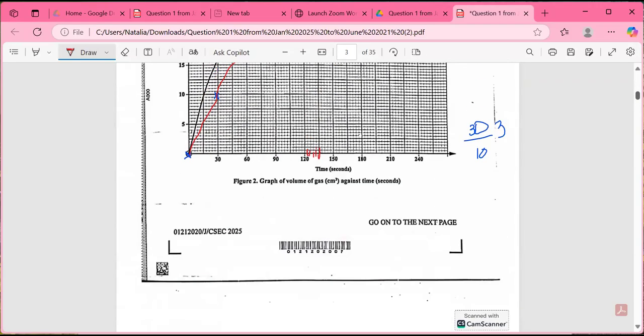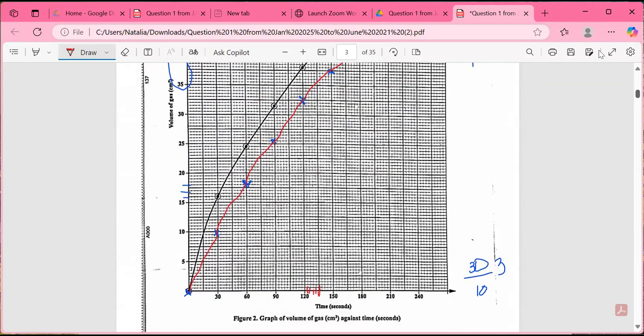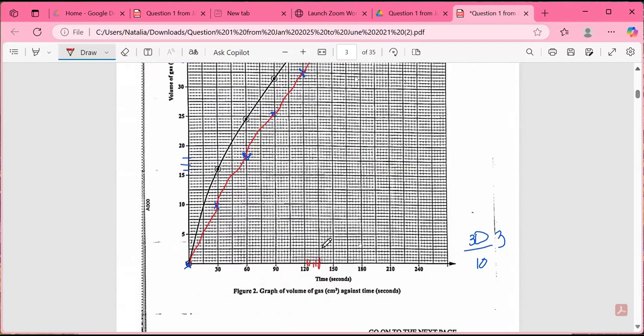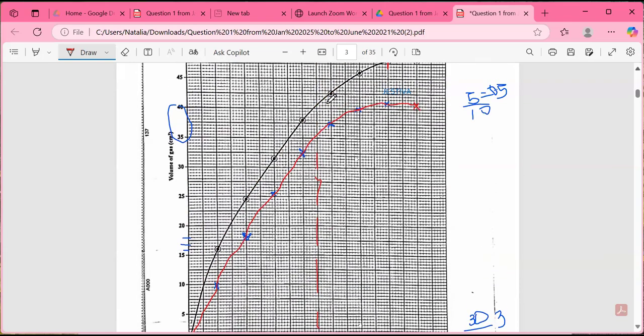So you're going to draw your broken line from 135. They're not steady. Definitely not a surgeon here. And it cuts the graph at the first line after the 40. So what volume is that?